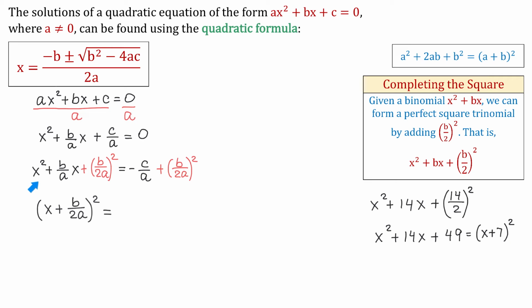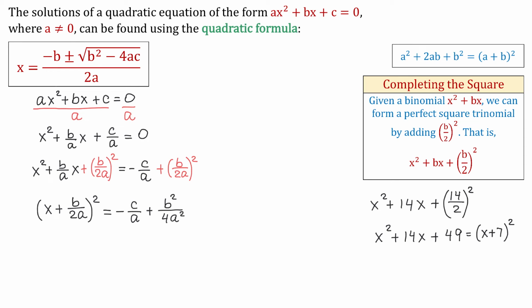Similarly, in our problem, we bring down x and b over 2a, and we raise this binomial to the second power. Now, on the right side, I have negative c over a plus, and now let's raise b over 2a to the second power. So in the numerator, we will have b squared, and in the denominator, 2a to the second power is 4a squared.